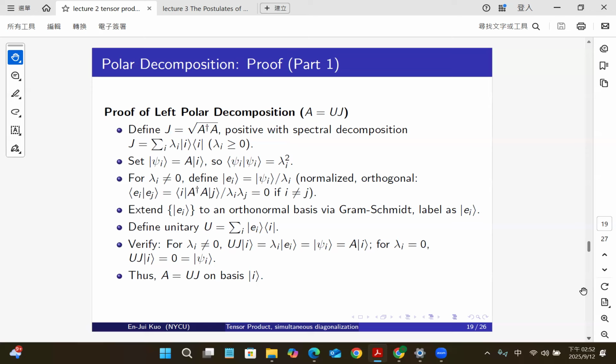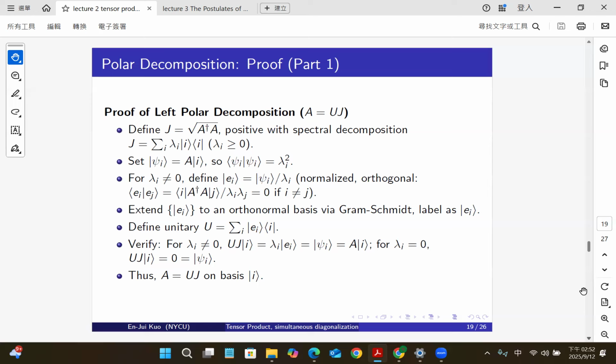所以这个 U apply on i 就是又变为 e i 了。So it's basically lambda i times e i. And lambda i times e i by definition is psi i, right?